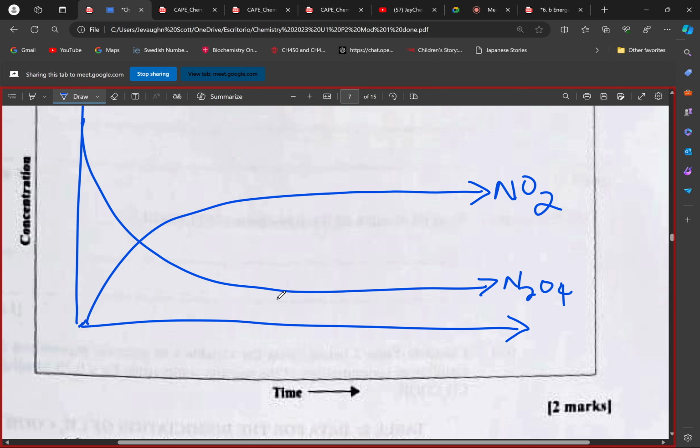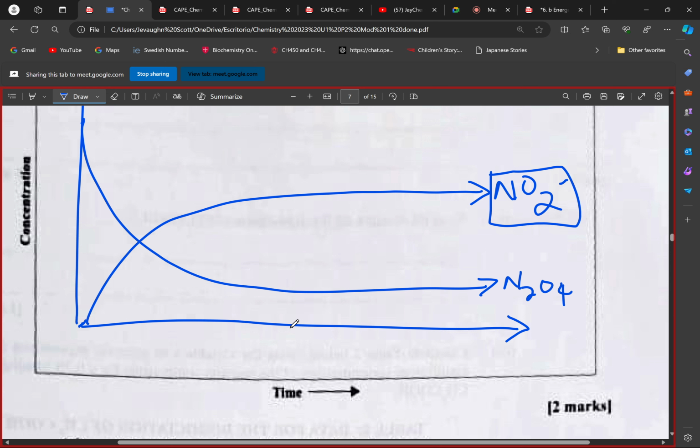Initially there were no products in the reaction. There was none of this. So in order for there to be products in the reaction, the reactant N2O4 would have to decompose so that the concentration of the product NO2 would increase.